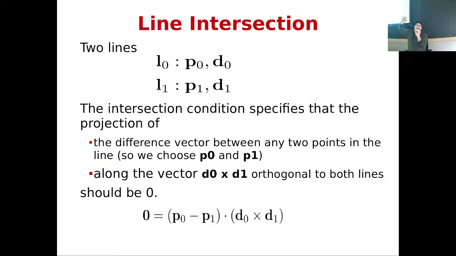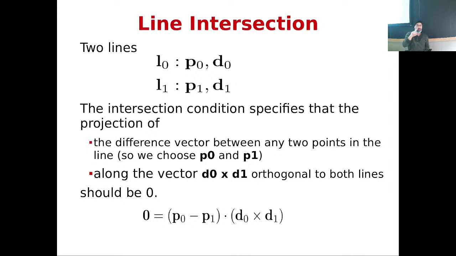Now, if I ask you what is the direction on which you should measure the minimal distance between the two lines, the direction in which I should measure the minimal distance is the direction which is orthogonal to both, right? What is a direction which is orthogonal to both lines?